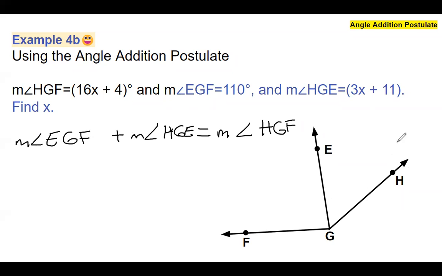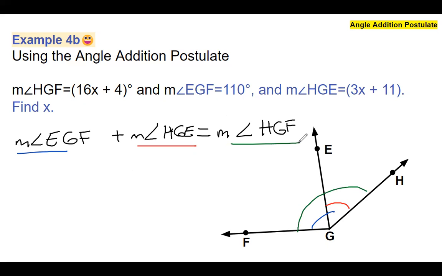There you go. Perfect. All right. So I'm going to go ahead and highlight them so you guys can see it. This angle right here, EGF, is right here. And the last one, my entire angle, is right here. Okay. Not too bad, huh?